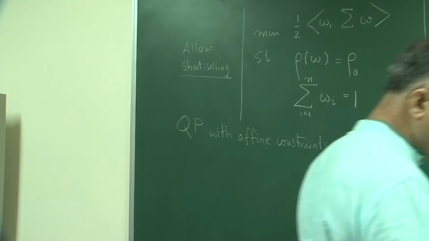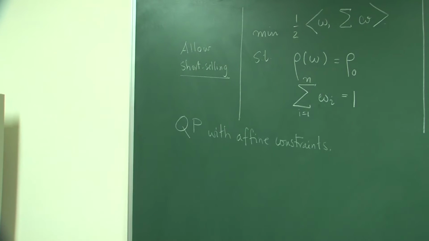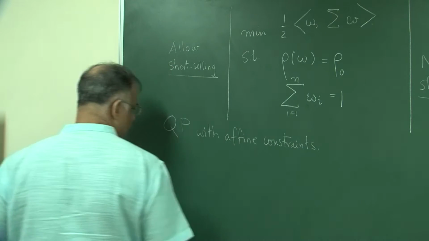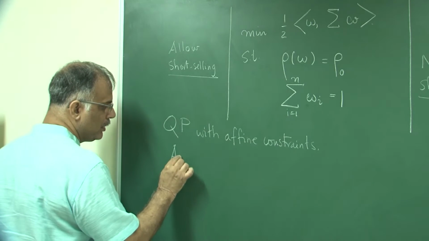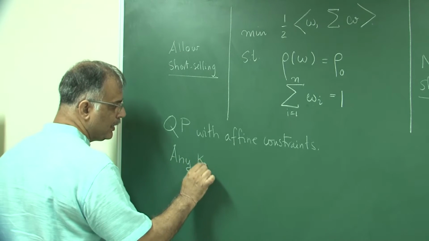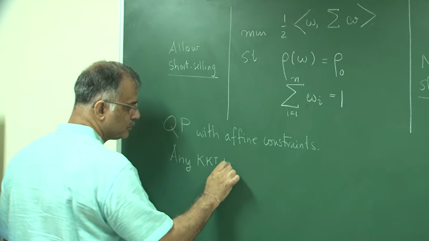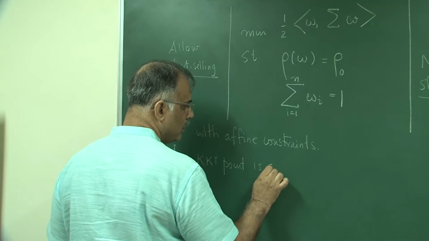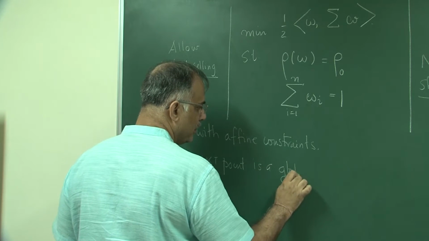I would like to mention a result here which is usually known to optimizers, that under this condition any KKT point is a global minimizer.